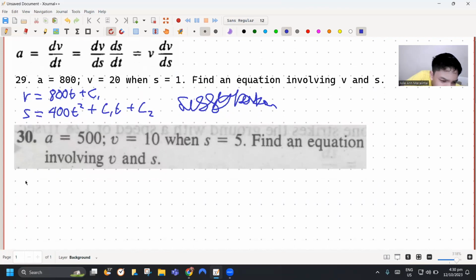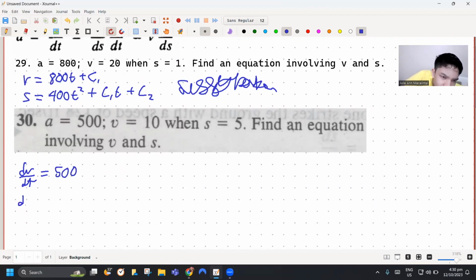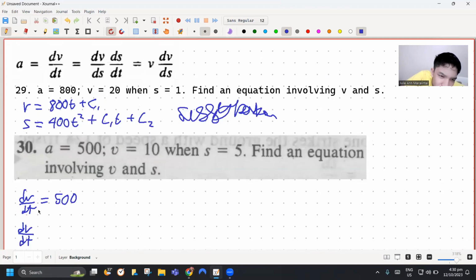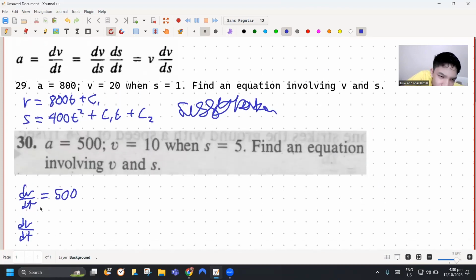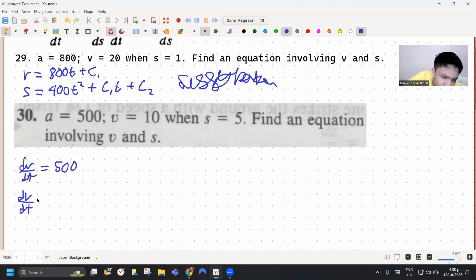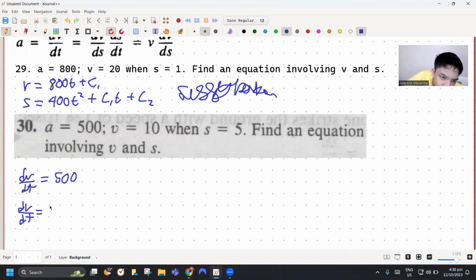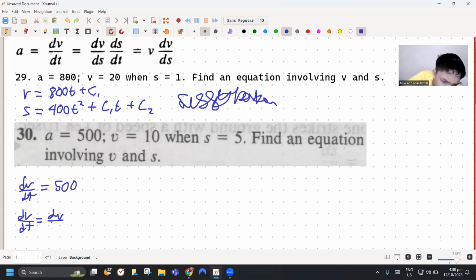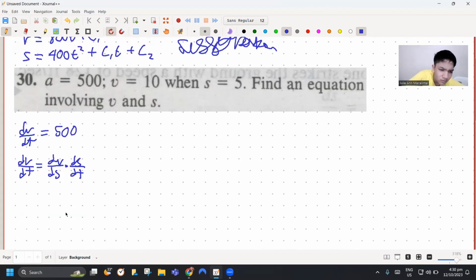So dv dt is equal to A. And then using the chain rule, dv dt is V dv ds.